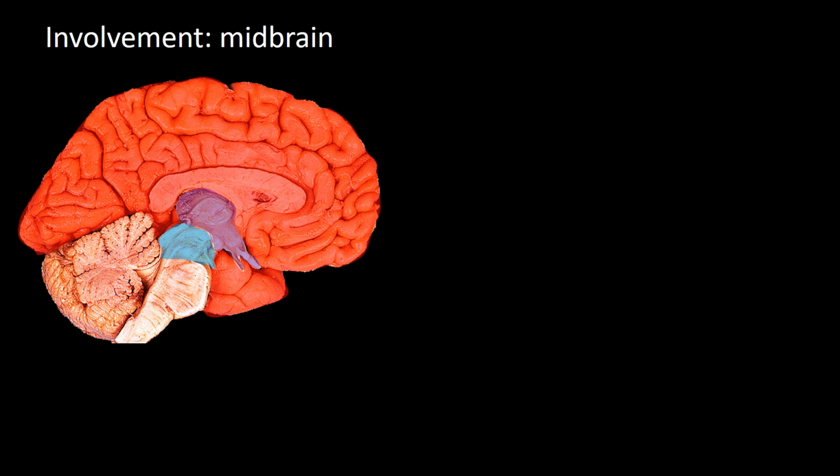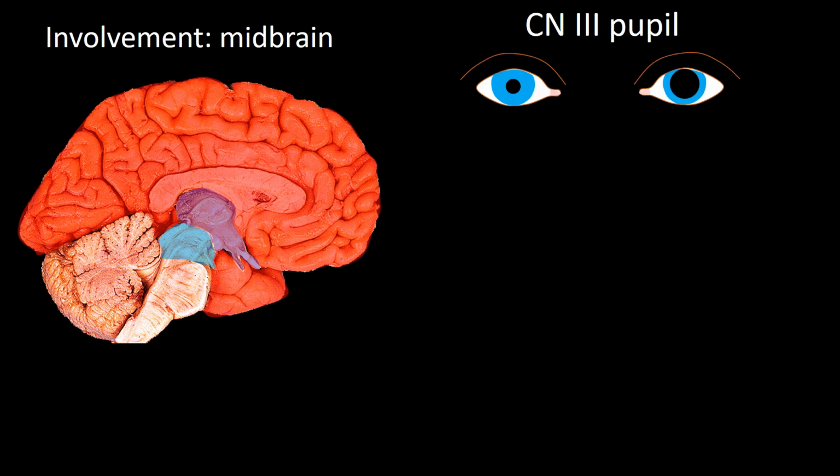The third type of pupil that can be seen with midbrain involvement is called third nerve pupils. The third nerve pupil is a very large pupil when compared with the pupil on the other side. The affected pupil is unreactive.